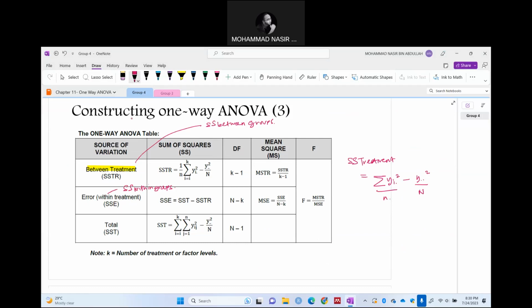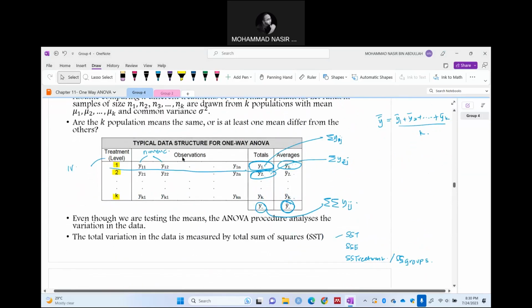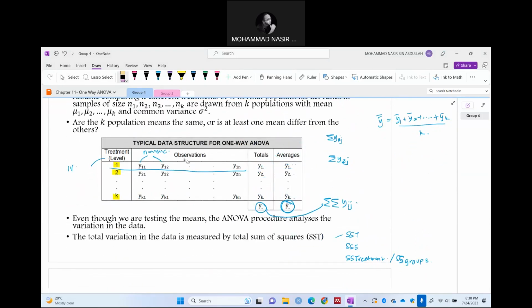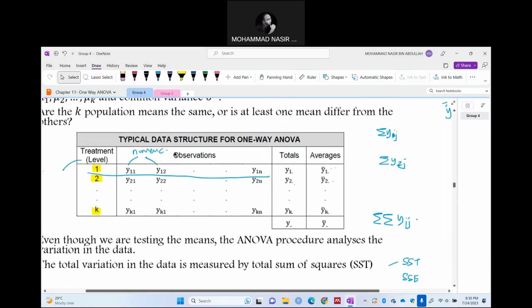So if you look at this, summation of yi dot squared, this is the value, the total for each treatment.